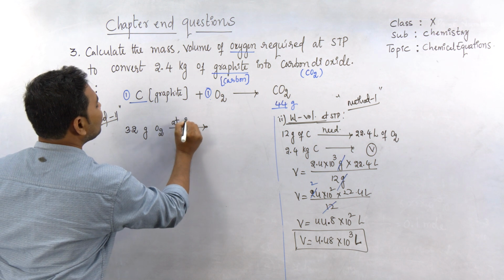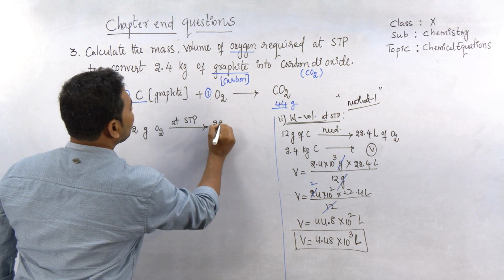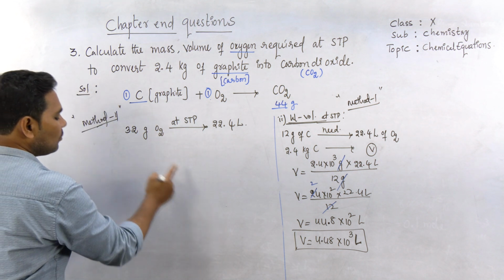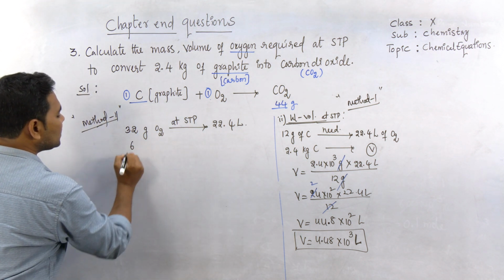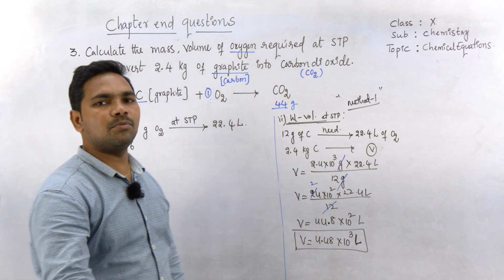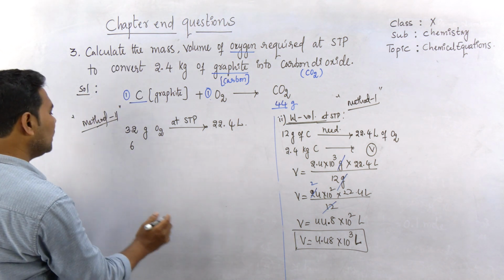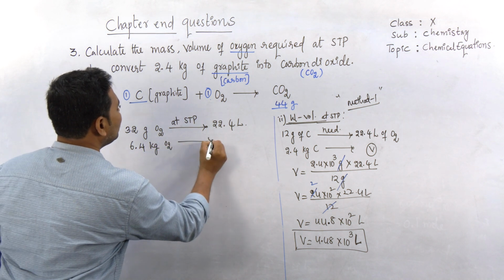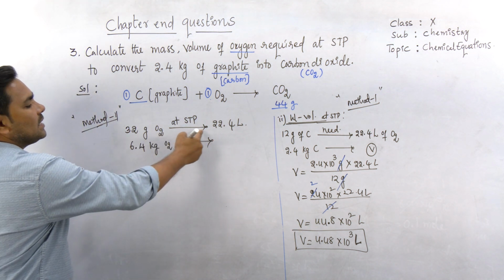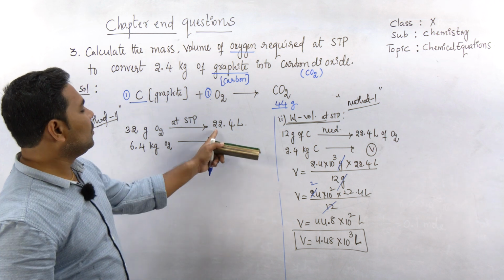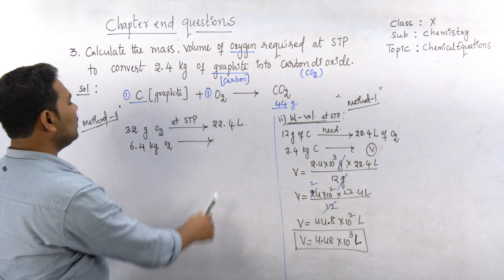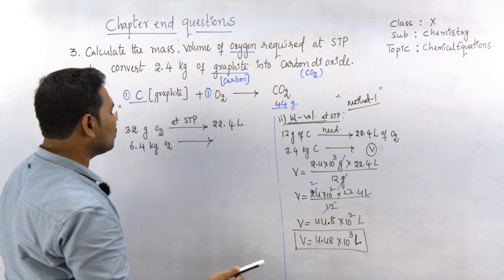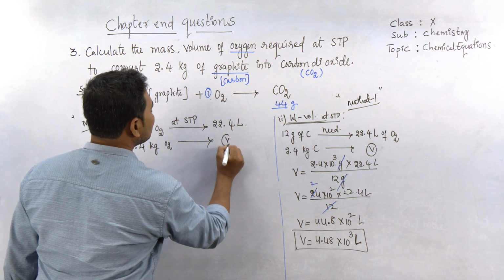This 32 grams of oxygen at STP occupies a volume of 22.4 liter. Then what weight of oxygen did we find lastly? The weight of oxygen required to burn with 2.4 kg of carbon is 6.4 kg. So 32 gram oxygen at STP occupies 22.4 liter; then 6.4 kg of oxygen occupies what volume? Let's consider this is V.